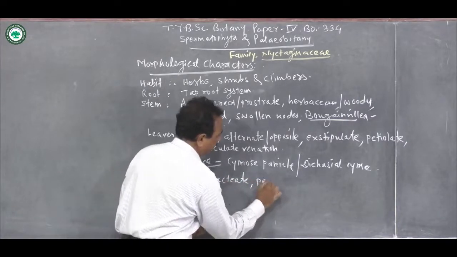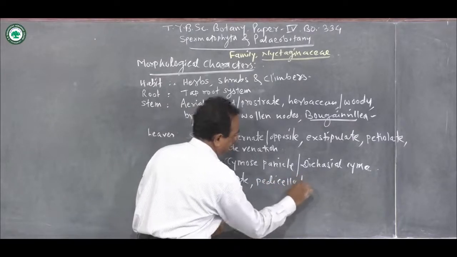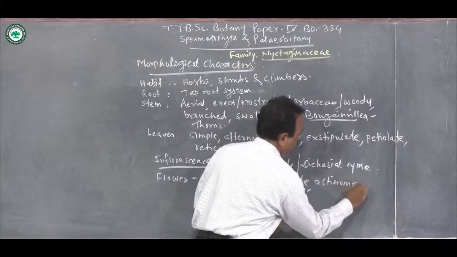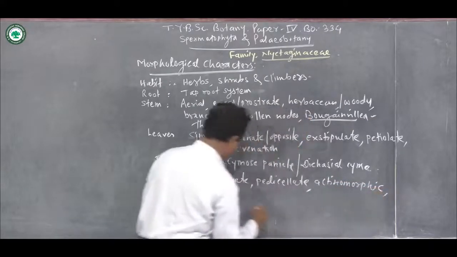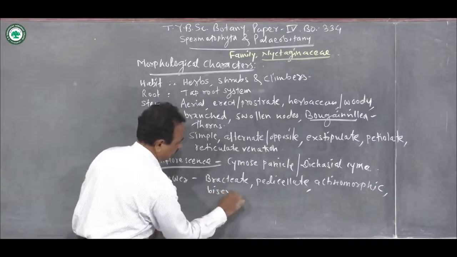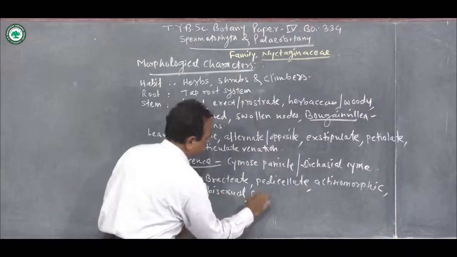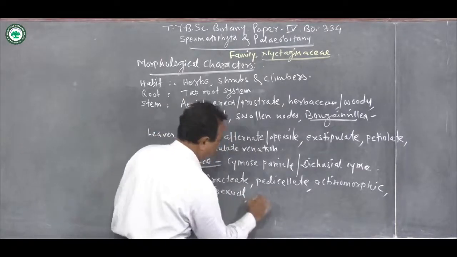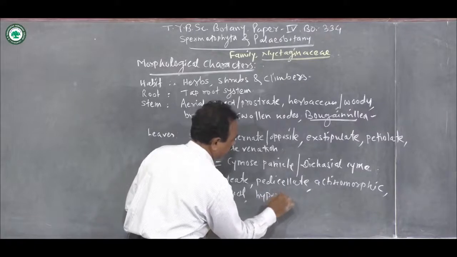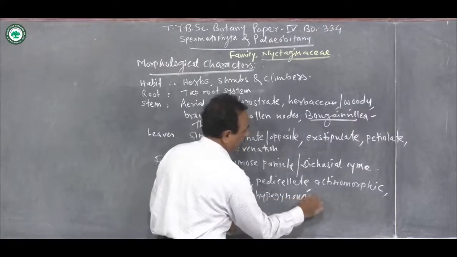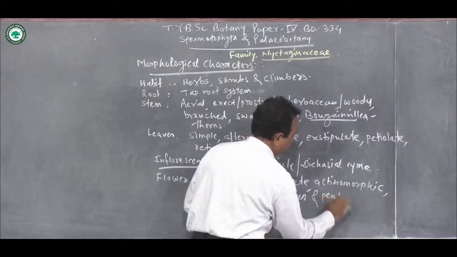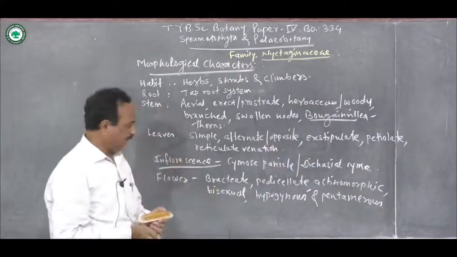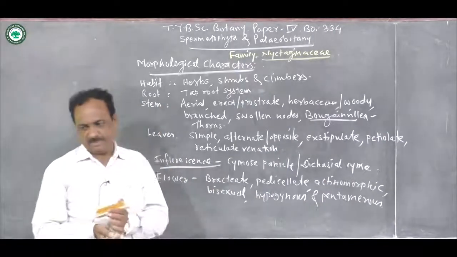It may be pedicellate, actinomorphic, bisexual, hypogynous, and pentamerous. So flowers are bracteate.